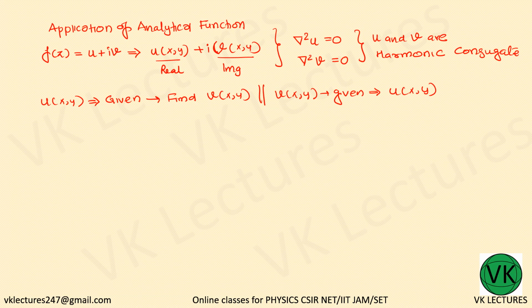Now the Cauchy-Riemann equation says that dou u by dou x equal to dou v by dou y, and dou v by dou x equal to minus dou u by dou y. Now both of these are exact differentials.